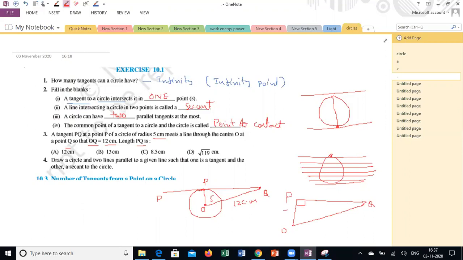So what is the length? What is the PQ value? Anyone? Sir, 13 centimeters. How, man? No, sir. If PQ is 12 centimeters, then you can say OQ is 13. But here the hypotenuse is 12.